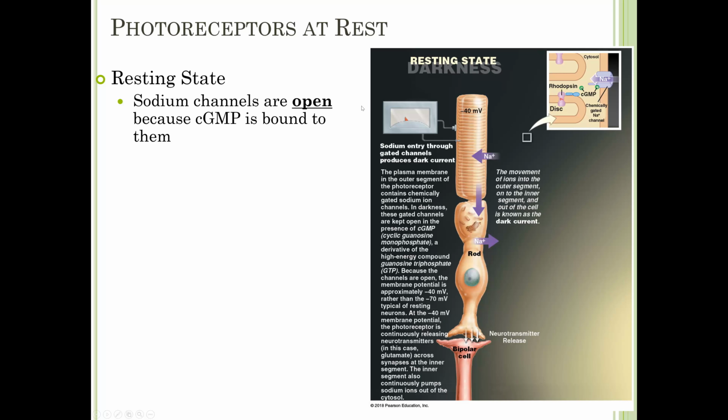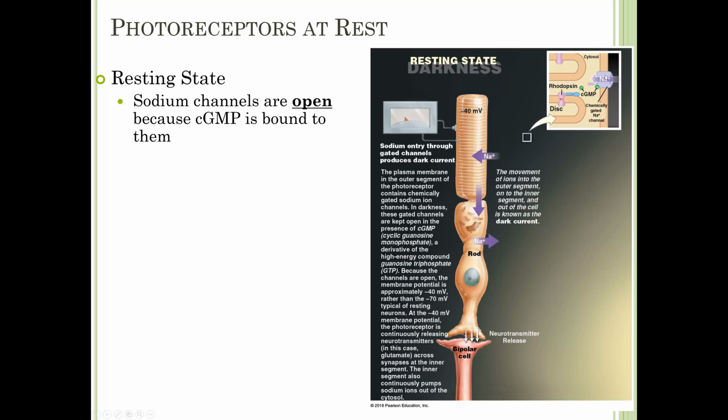At rest, if we take a closer look at these little infoldings of membrane in the outer segment of the photoreceptor, we can see that there are sodium channels that are held open by a little molecule called cyclic GMP or cGMP. cGMP is around in the dark and it binds to the sodium channels and keeps them open.